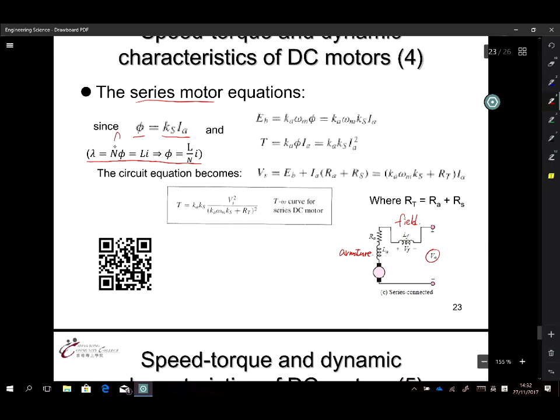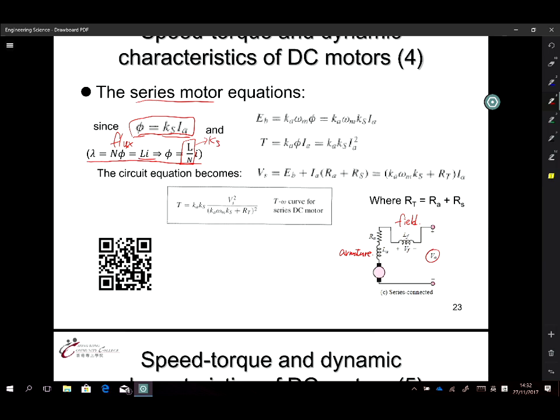By our formula we told you before, N times phi equals L times I. Therefore, if you rearrange the formula, you easily find phi equals L over N times I. We call L over N our Ks, and immediately you get this formula.